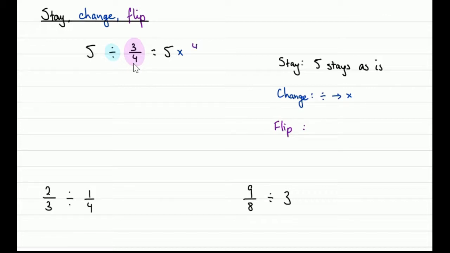So by flipping it, our numerator and our denominator swap places. So 3/4 becomes 4/3. So that's how I do that stay, change, flip. So 5 stays, division changes to a times, and that 3/4 flips to 4/3. So I've actually turned this into a multiplication.